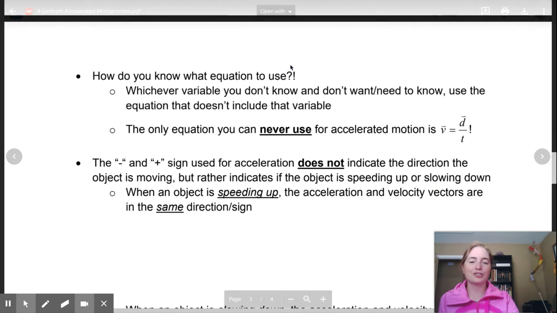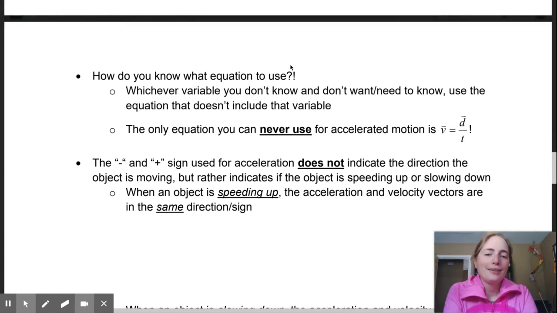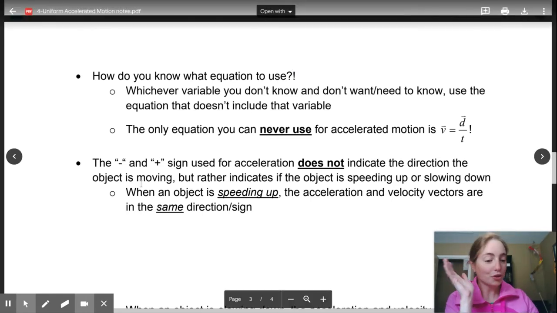So, ladies and gentlemen, how do you know what equation to use? There's a lot of equations. I know it probably feels like you're drinking out of a fire hose right now. It's like, oh my gosh, so many equations all at once. So, your trick, ladies and gentlemen, 1, read your question. As you're going through each question, highlight every time you see a number and write it down, like list out every variable that you have with its appropriate letter.